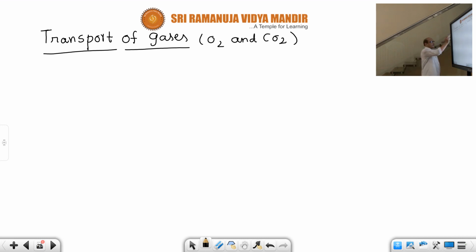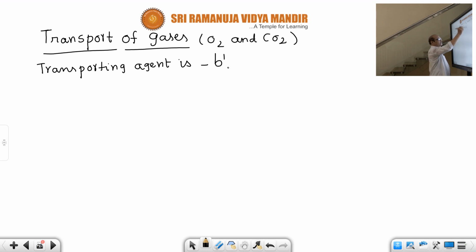So now let us take the transport occurs through blood. So the transporting agent is blood. These gases are transported either through plasma of blood or through RBC of blood.